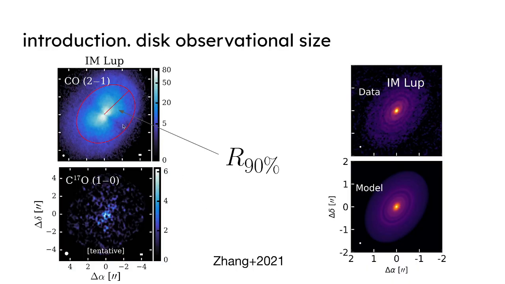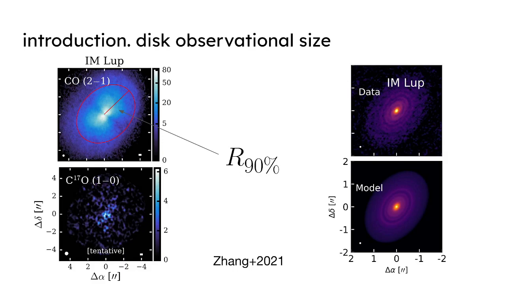There are different ways to determine R90, but a very primitive one is that you just draw regions of different radii and see how much flux is inside of them, and when it gets to 90 percent, the radius of this area is your size.